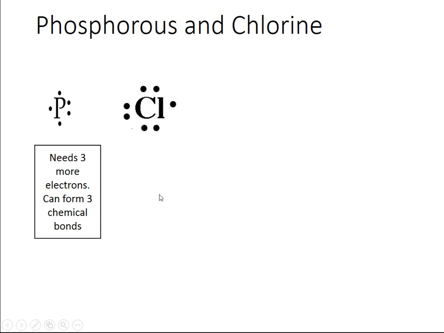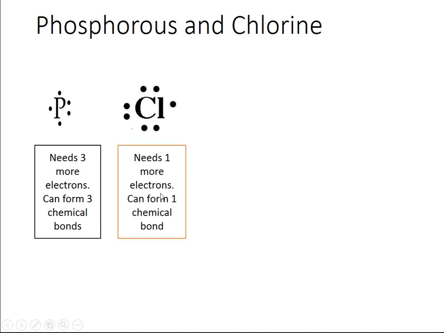I have chlorine. Chlorine needs 1 more electron here to complete the pairing. Therefore, it can form only 1 chemical bond. So if I am bonding chlorine and phosphorus, I'll need 3 of these, because this one goes to pair here. I'll need another one to pair here. I'll need a third one to pair here.